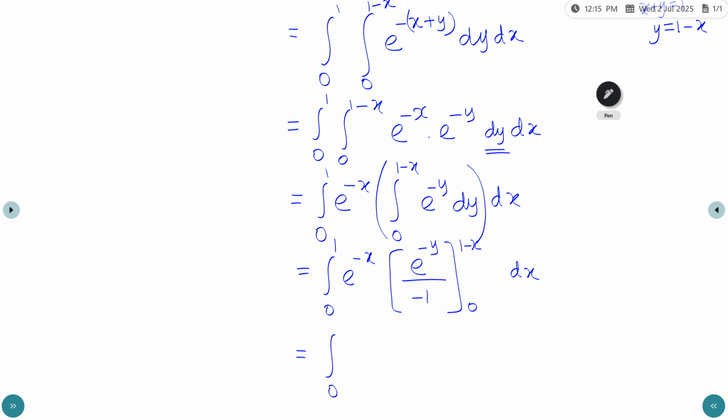So integral 0 to 1 of e power minus x times e power minus of 1 minus x by minus 1. Just substitute the y value equal to 1 minus x, minus e power 0 by minus 1, dx.